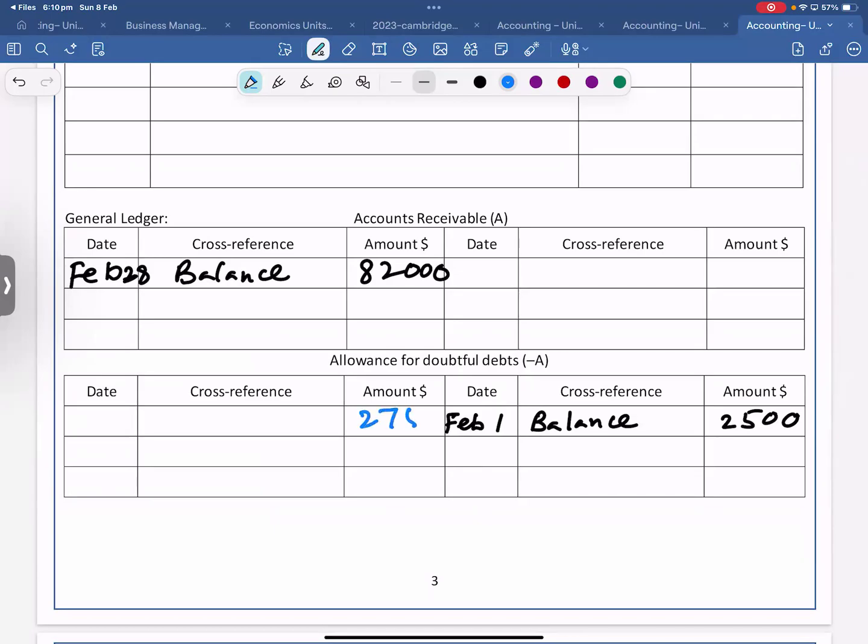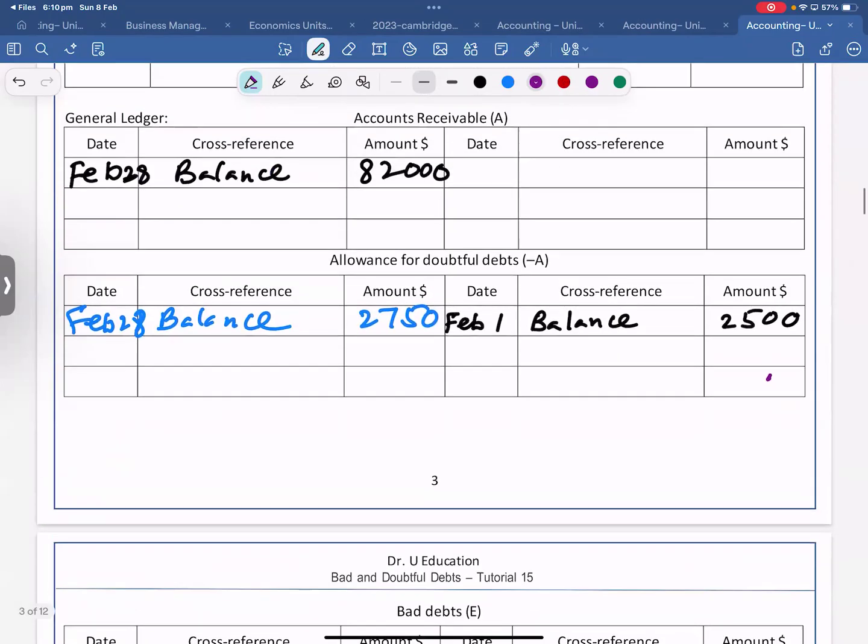Have this 2,750 as the closing balance for the period. With a closing balance of 2,750, you will have an opening balance also, 2,750. Makes sense? I'm running out of space, that's fine. One line missing. That will be March 1st, opening balance.